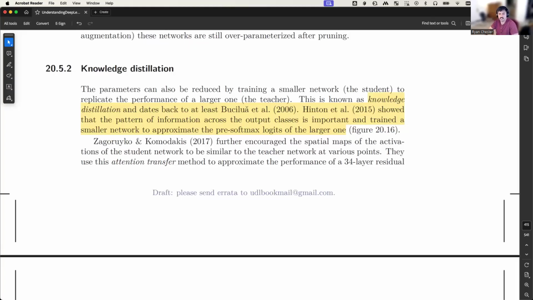And this is shown to be sometimes a better teacher than the raw labels themselves. So you train a model just on the individual labels, for example, this is a cat, this is a dog, this is a car. And then on the second stage, you train your model to match the probabilities.